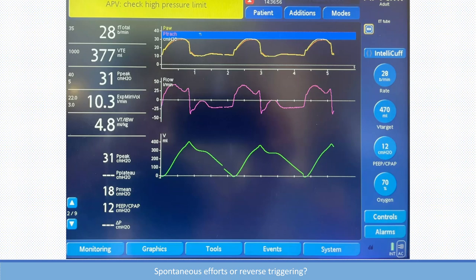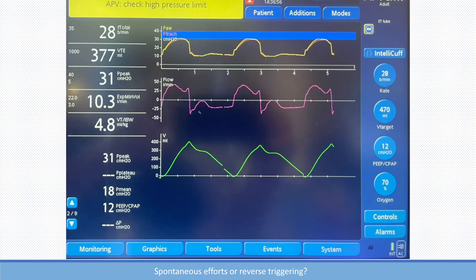Now the time-triggered, time-cycled breath is finished here, and the pressure is released. The flow goes to expiration. However, it pulls back again because of inspiratory efforts. You can see here the tidal volume starts to go out and then stops here because of these inspiratory efforts.